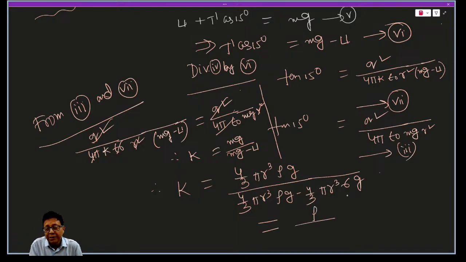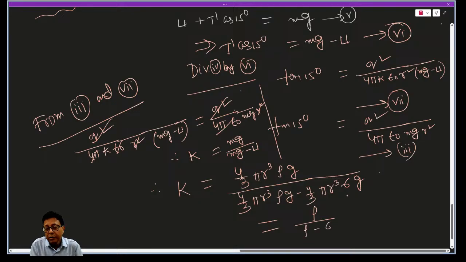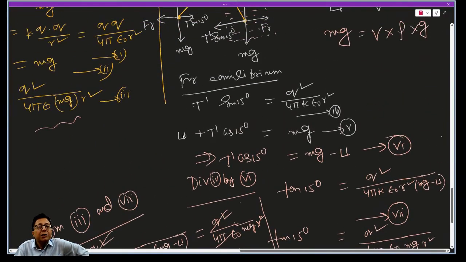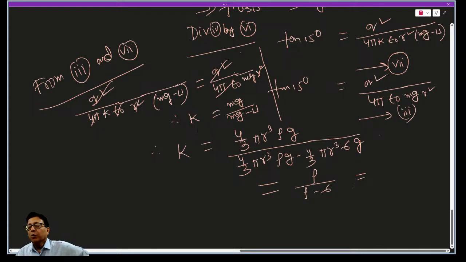Rho by rho minus sigma, isn't it? What's the value of rho here? Just check once. Two densities are given. One of them is 800.